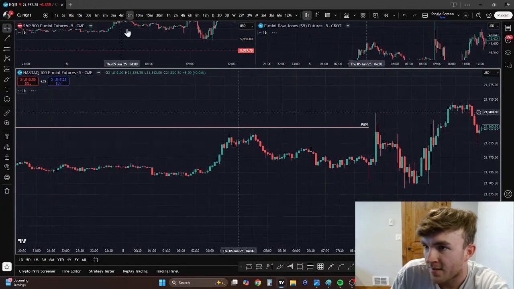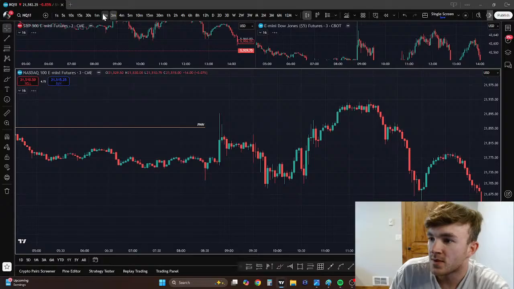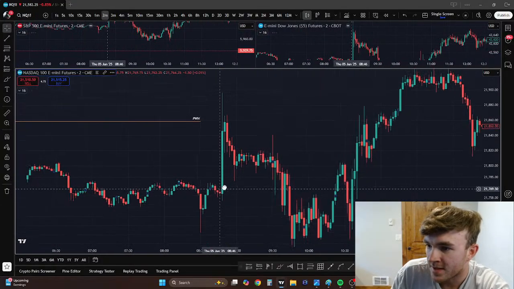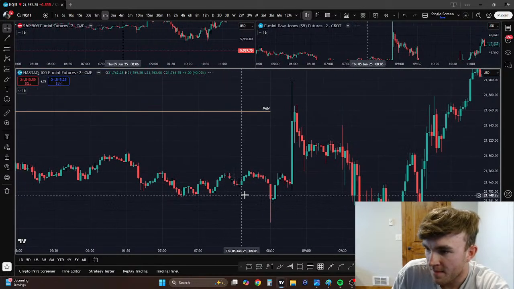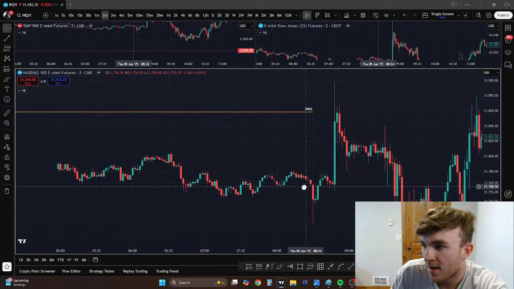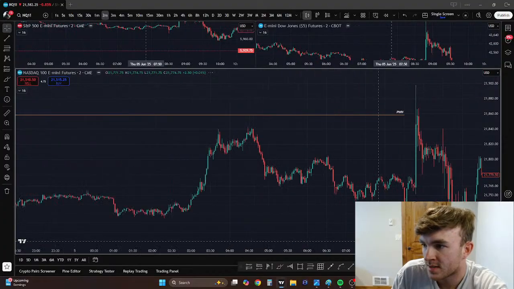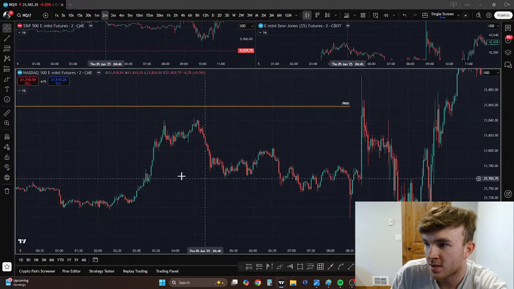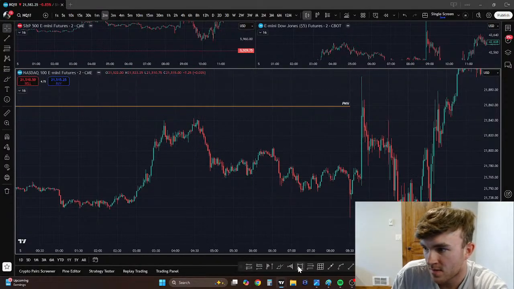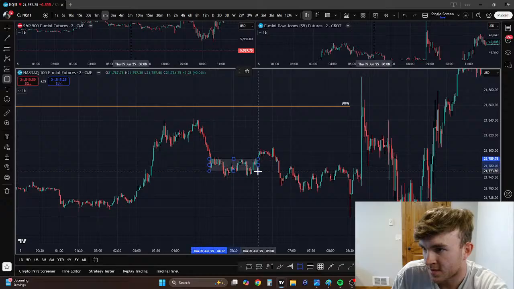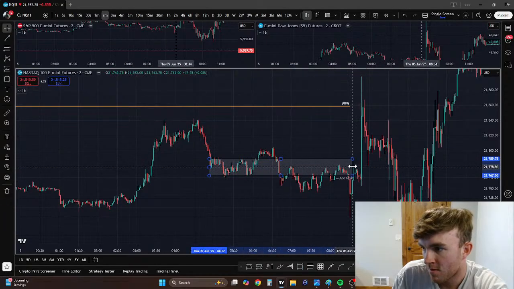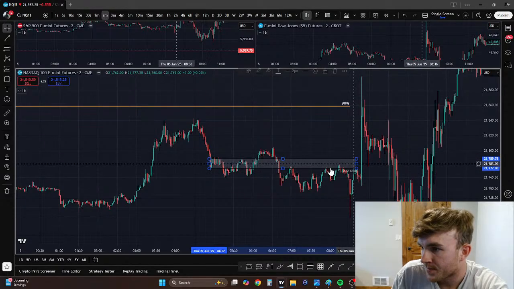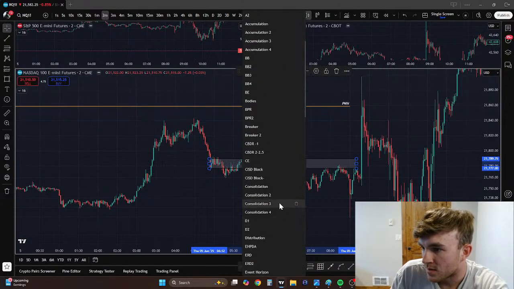On the lower time frame, this was a trade that Dodgy actually took, at least apparently he took it, and it's not bad, because you do have quite a bit of consolidation right here. There's consolidation here, here.